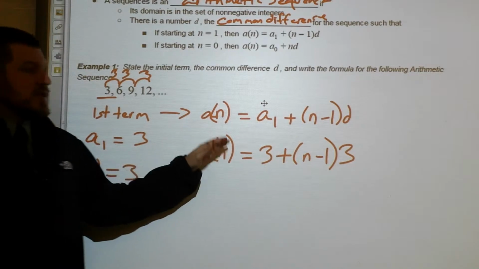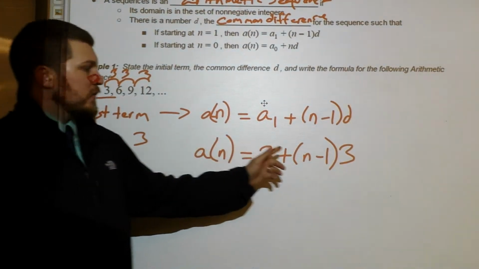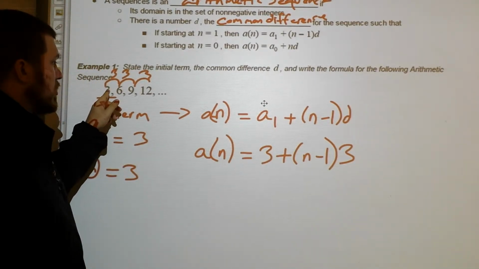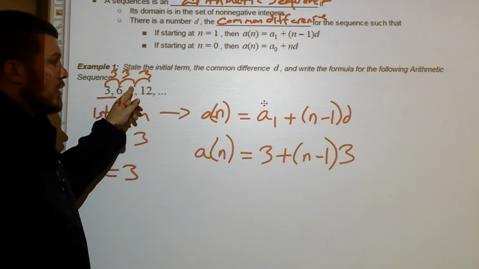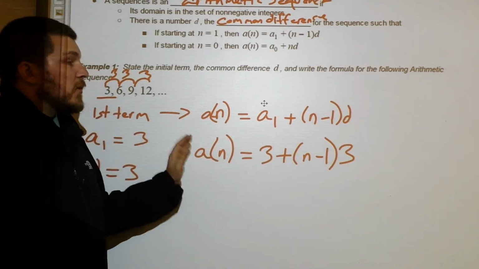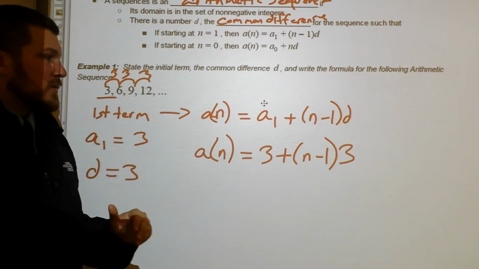So again, this is just a closed form definition for the sequence. For whatever n value is, n is our term position. So first term, second term, third term, fourth term, etc. Whatever n is, we're going to know the number in the sequence, not the series. We're not adding these up yet.